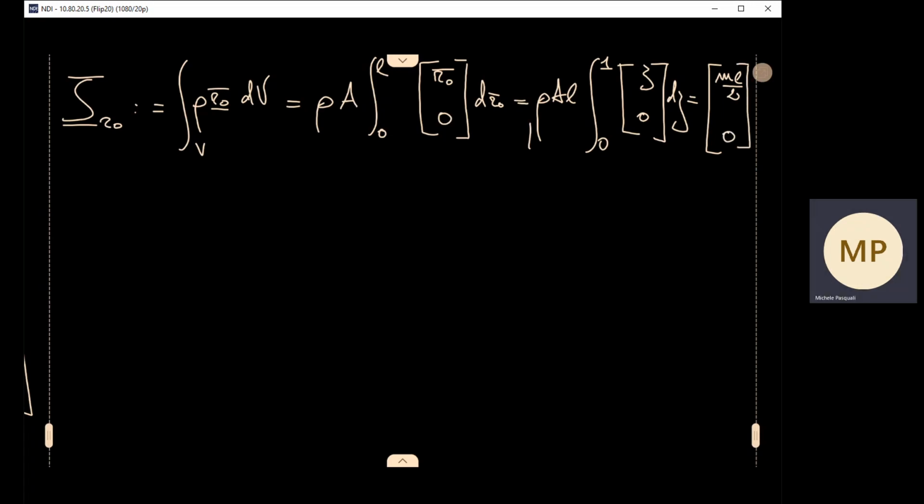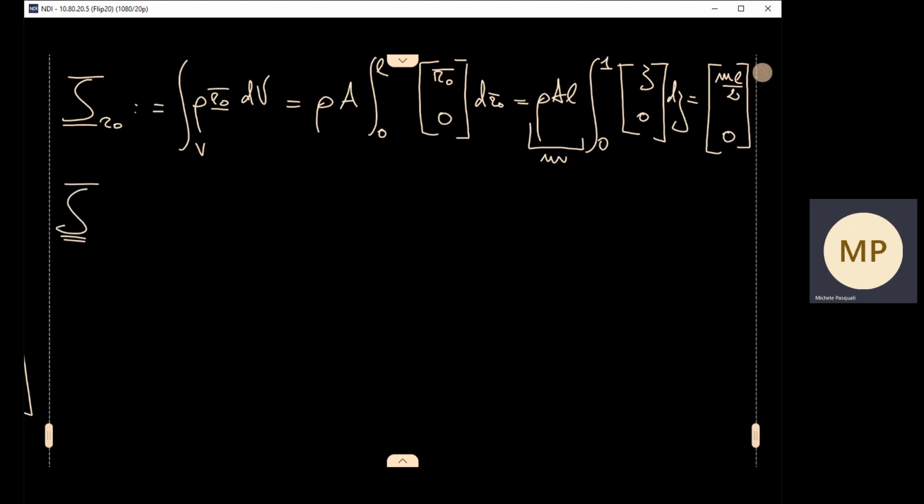Because this is the density times the cross-section times the length. Cross-section times length is the volume, and density times volume is the mass. So this is the first inertia shape integral. We got it.